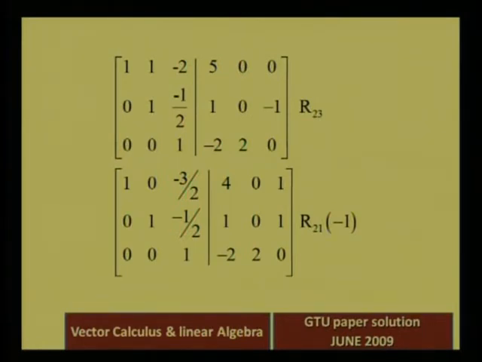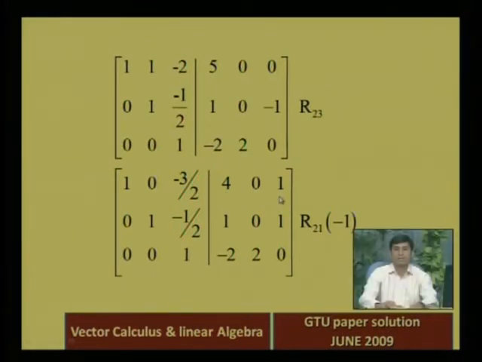Then 5 minus 1 becomes 4. Then 0 minus 0 is 0, and this is 0 minus minus 1, so that becomes 1.